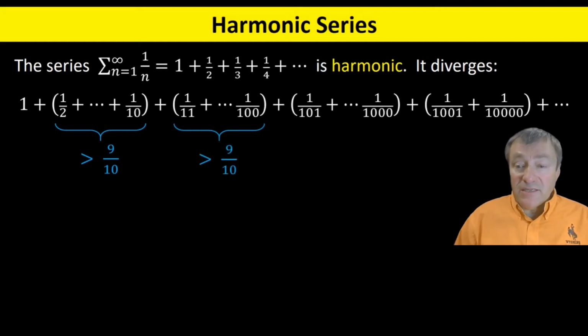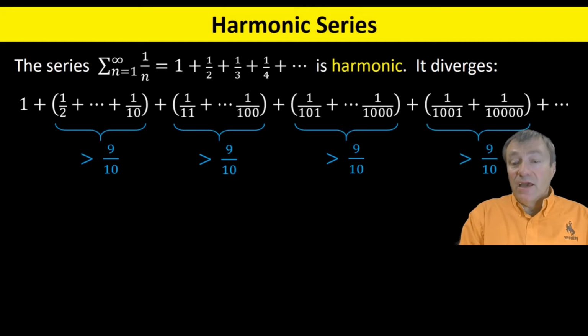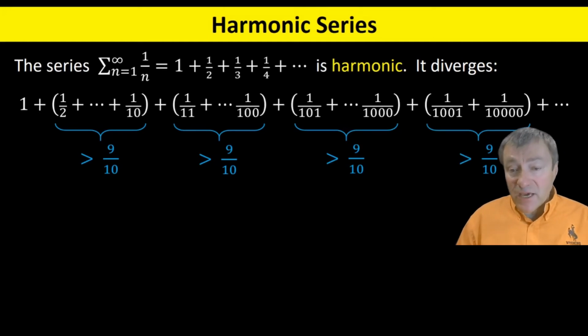The next 90 terms, again, add up to more than 9 over 10. The next 900 terms after that, they again add up to more than 9 over 10. And the next 9,000 terms after that, again, more than 9 over 10, and so on.